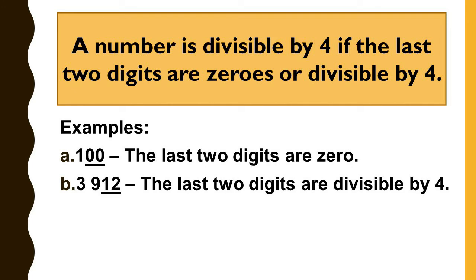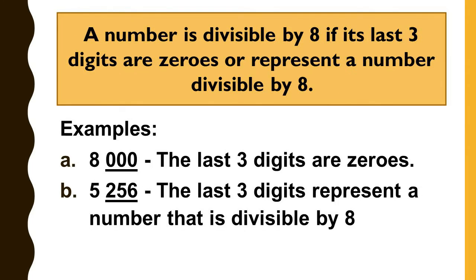Therefore, it is divisible by 4. Second example, 3,912. Its last two digits are divisible by 4. Therefore, 3,912 is divisible by 4.